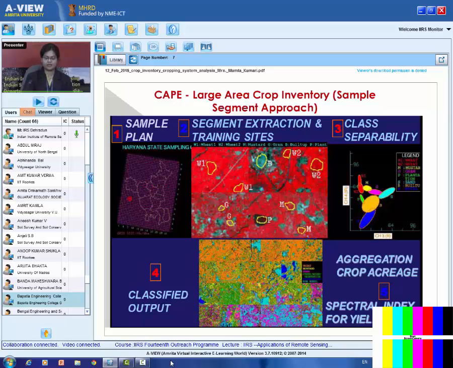Generally, ground data are collected in three phases: pre-field, in-season, and post-field survey. Pre-field data are collected to know the sowing date, what kind of crop calendar is there, and other ancillary information, like what land use, land cover type is in that area. Then in-season field data should be collected near synchronous to the satellite pass.